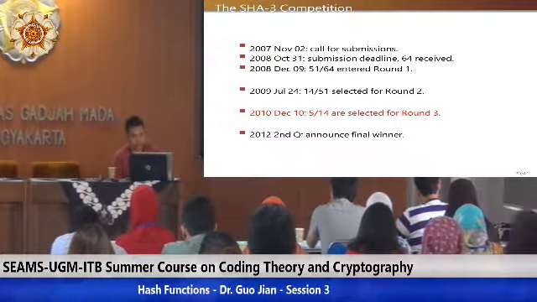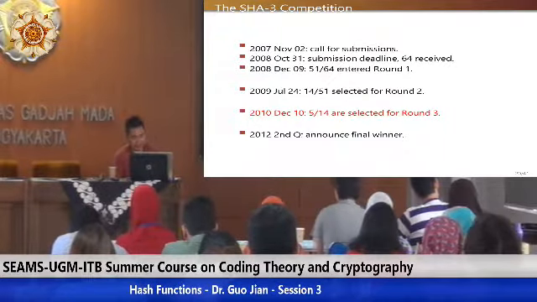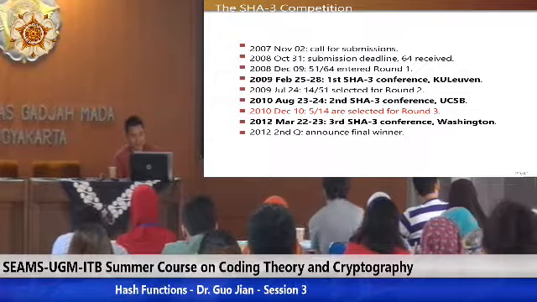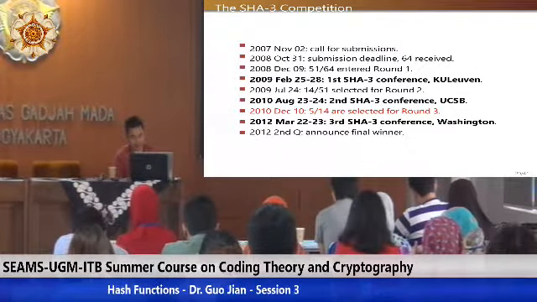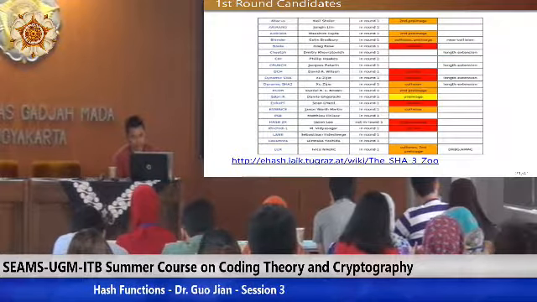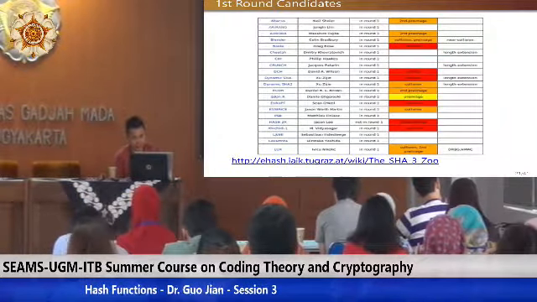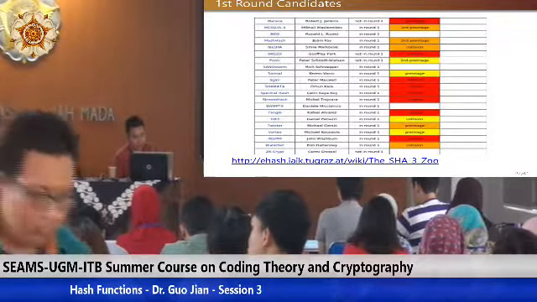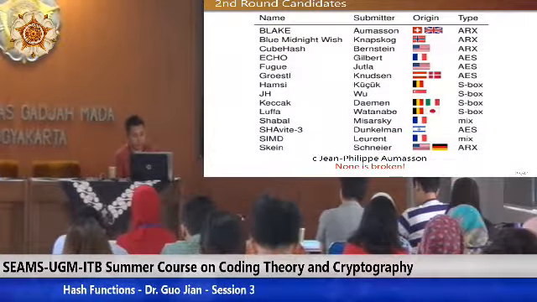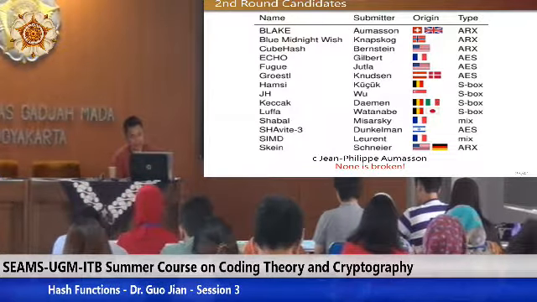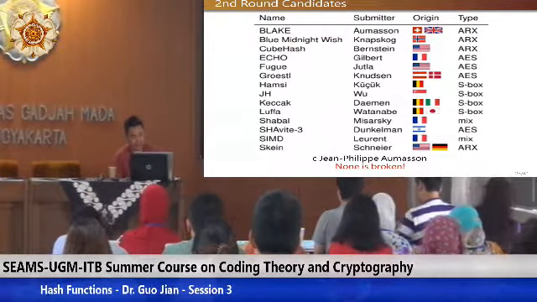You can see lots of them are broken in the sense of collision or second preimage found, either in practice or in a theoretical model. And in the second round, there were 14 candidates left, and none of them are broken.